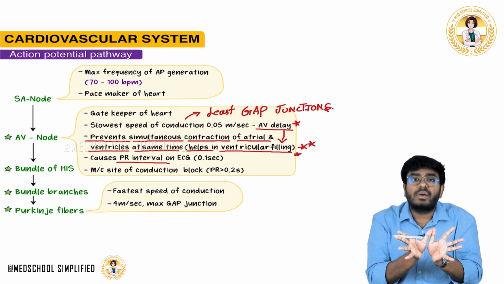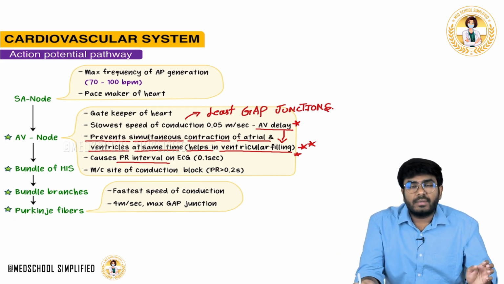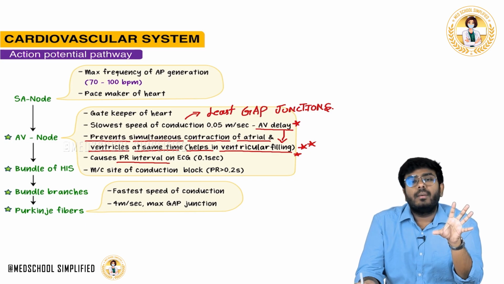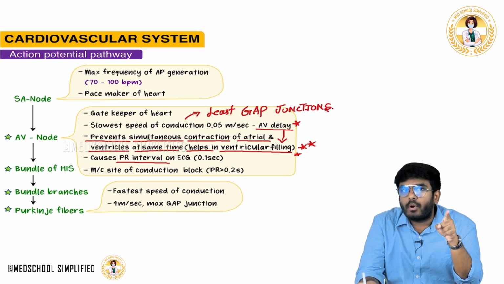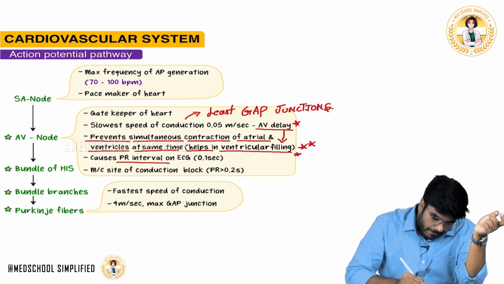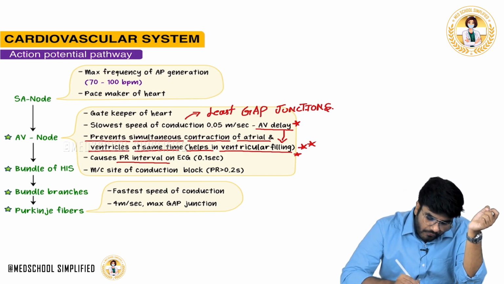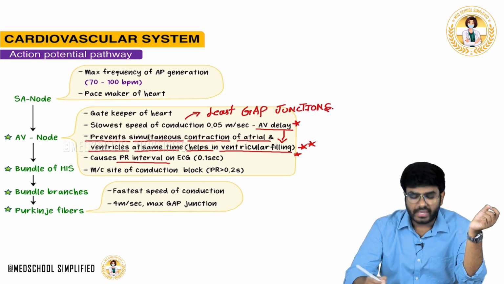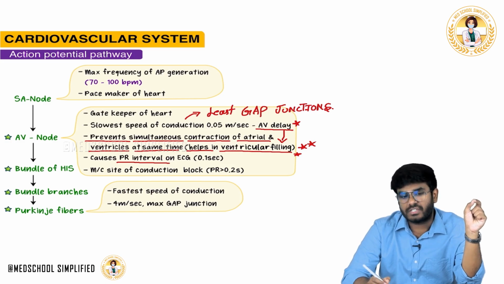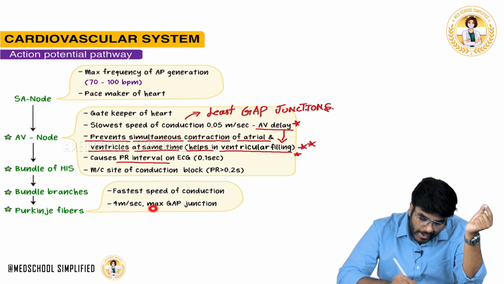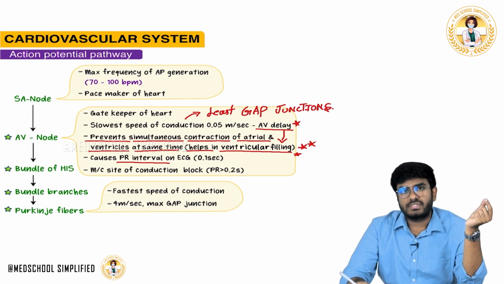Now these Purkinje fibers will go into the myocardium, which will stimulate the myocytes, so that myocytes will undergo contraction. Important point is that the Purkinje fibers have the fastest speed of conduction. If you ask me why, it's because of the presence of the maximum number of gap junctions.